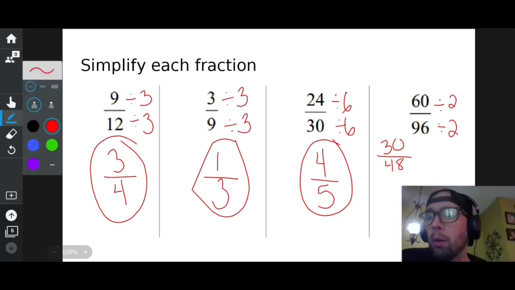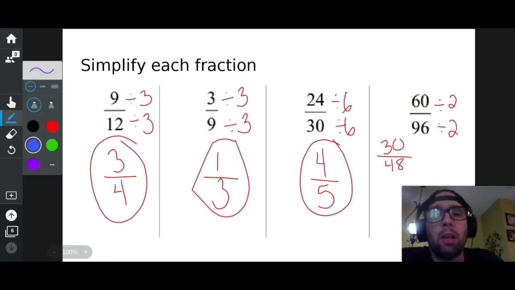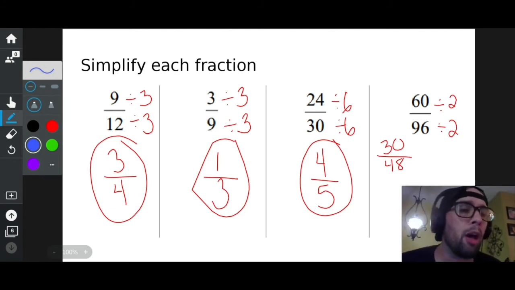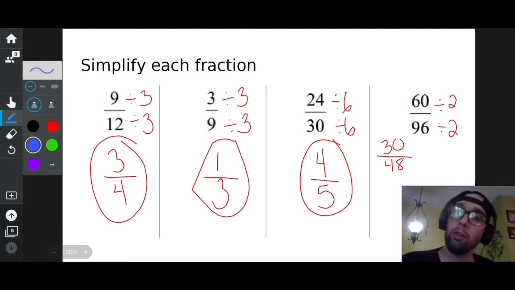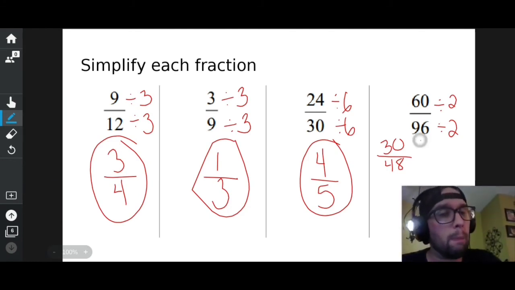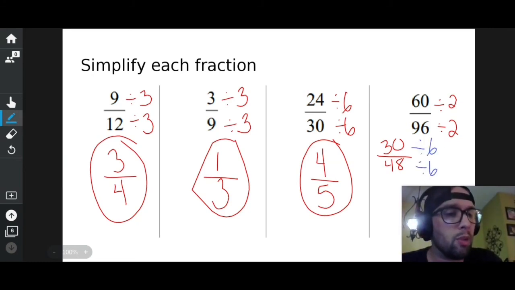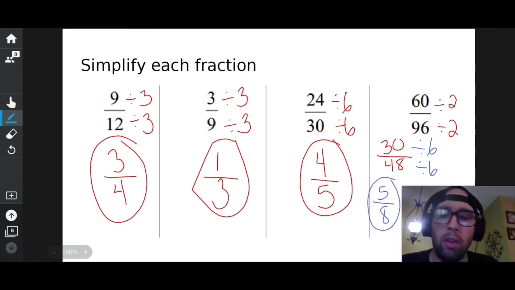If you divide once and you notice that you could divide further, that's fine. I could divide the top and the bottom by 3. I can also divide the top and the bottom by 2. So that means I can divide the top and the bottom by 6. And when I divide 30 by 6, I get 5. When I divide 48 by 6, I get 8. And I can't go much further than that.